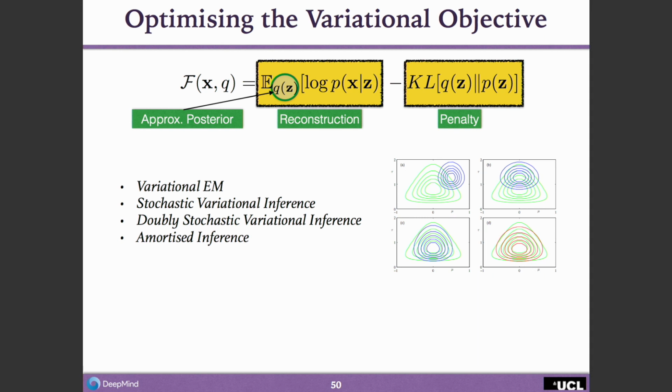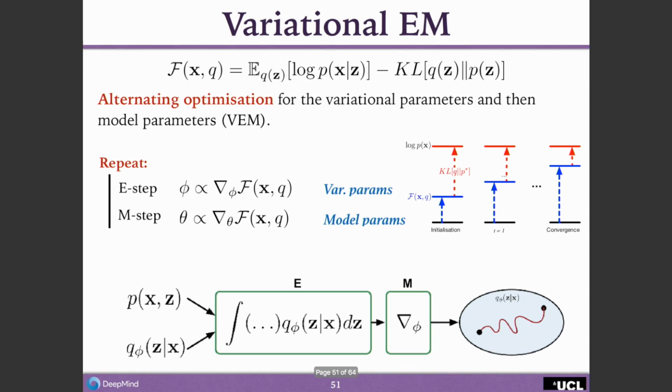So in the variational problem, and in an EM algorithm, if you recall what an EM algorithm is, you do an alternating optimization between model parameters theta and variational parameters phi, right? An EM algorithm, when you write it in code, always looks as follows. You write a for loop for i equals 1 to n, then you write a function for the E step, and the E step itself has a for loop where you compute the gradient with respect to all the variational parameters phi.